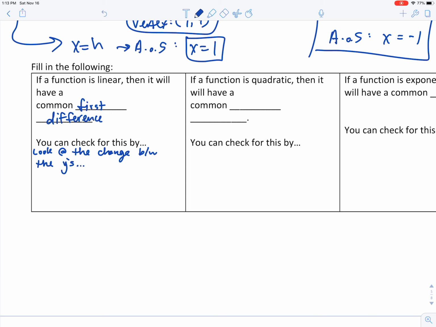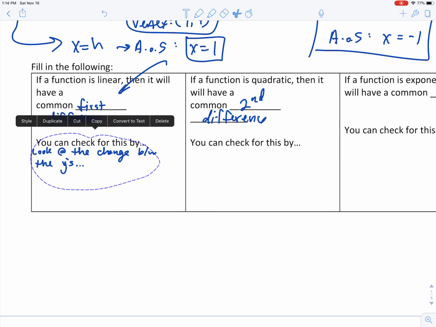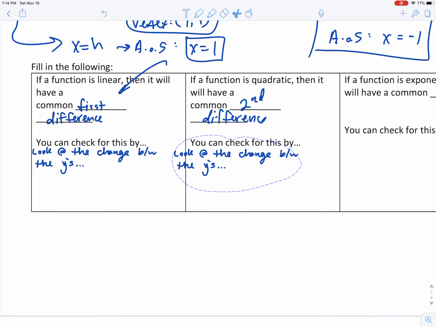To check if it's quadratic, it will have a common second difference. Okay, now you wouldn't check if it was quadratic if you already determined that it was linear. Okay, so the next step was from here, look at the change between the y's.